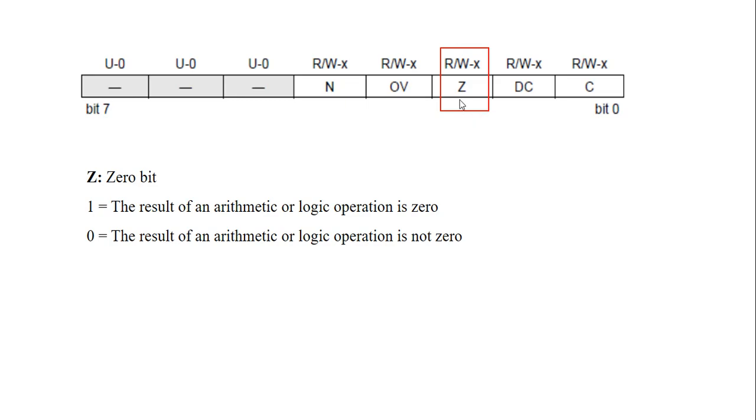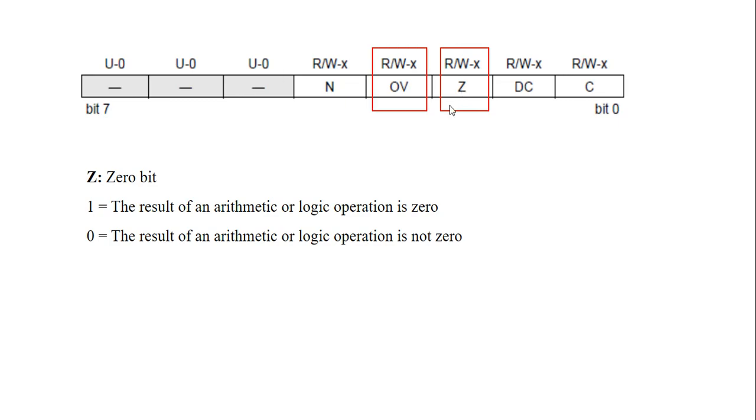In a logical operation, when you do AND of 0 and 1, the answer is 0, so this flag will be 0, or clear. If you do OR of 1 and 1, the result is 1, so the zero flag will be 0. If 0 OR 0, then this zero flag will be 1.